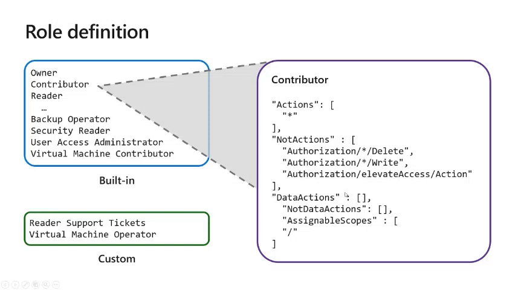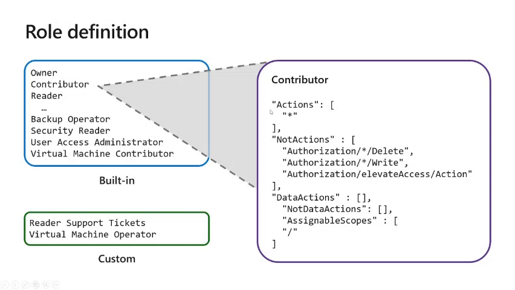Data actions, and assignable scopes. So you see the definition. It's in JSON format. You can use this directly in your ARM template, or to create any role using .NET or SDK.